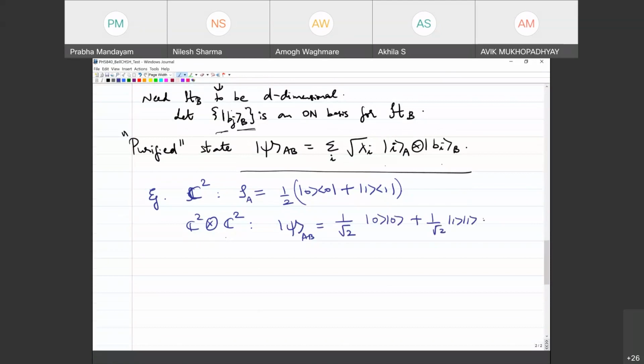But I want to propose an alternate purification. Let me call this psi tilde, which is 1 over root 2, 0 plus 1 over root 2, 1 minus.